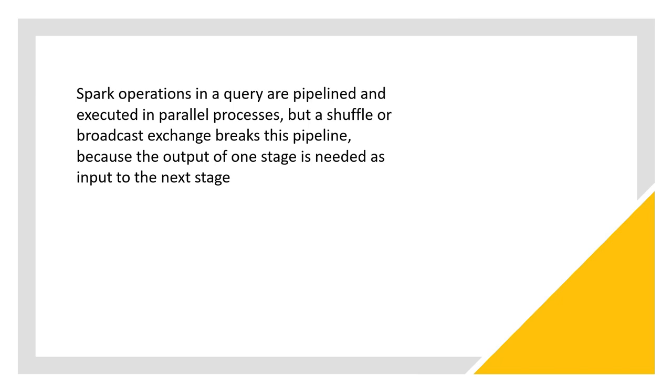But whenever there is a shuffle operation or a broadcast exchange, it breaks that pipeline because it cannot be parallel. The reason being, the output of one stage is fed as input to another stage whenever we talk about a shuffle or a broadcast exchange. So these are the ones which break this pipeline where Spark can execute things in parallel.